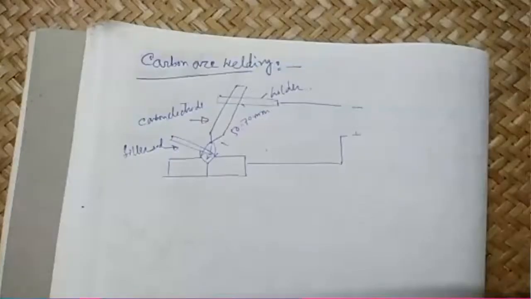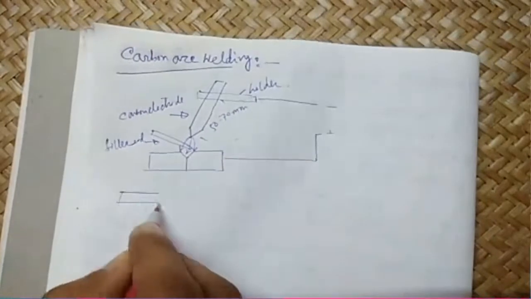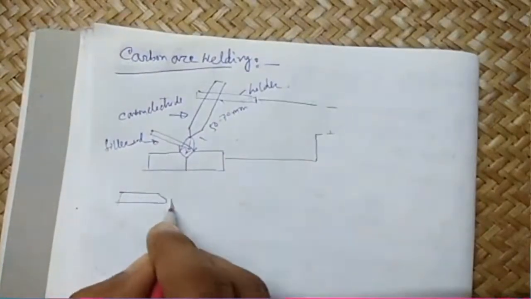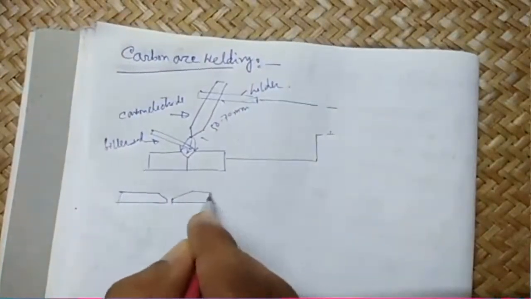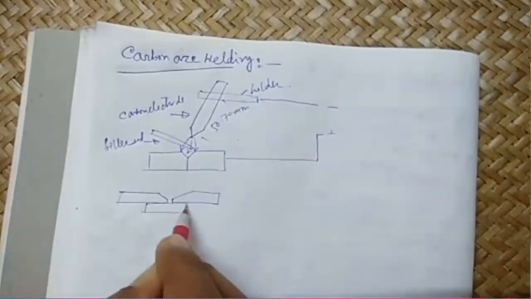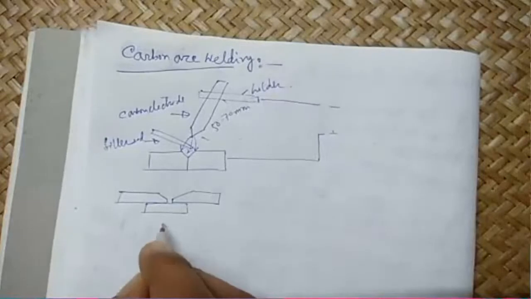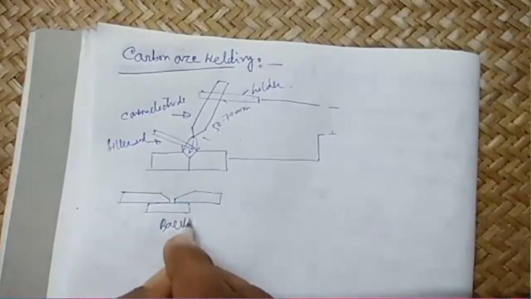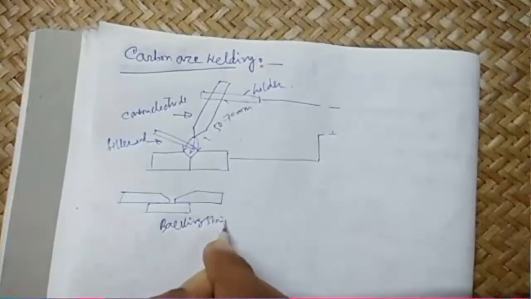Whenever we join with carbon arc welding, we use a backing strip to keep the job in place. This is called a backing strip, a piece of metal.